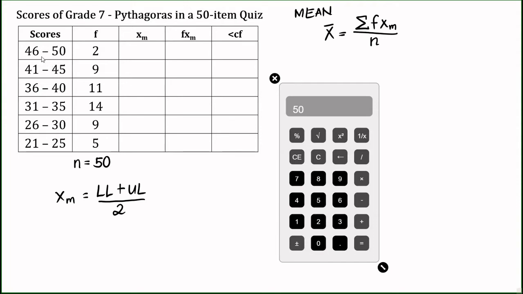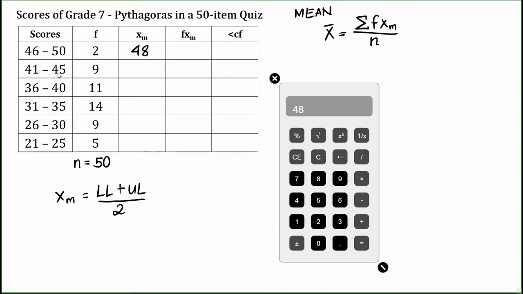So, magsimula tayo sa pinakamataas, 46. 46 plus 50 and then equals 96 po. So, kuhanin muna natin yung sum bago i-divide sa 2. Then, divided by 2. The answer is 48. So, meaning, ang middle value ng 46 to 50 ay 48.